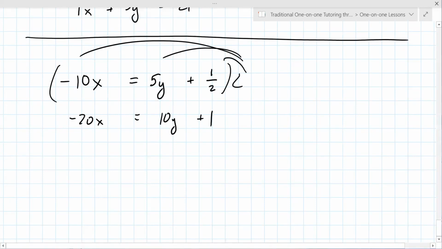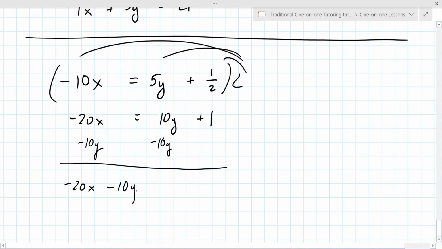It's positive. So you undo addition with subtraction. So you're going to subtract 10y from both sides. So this is minus 20x minus 10y equals 1.